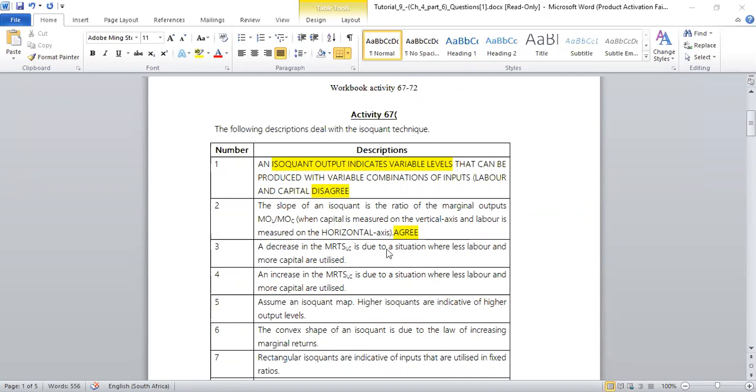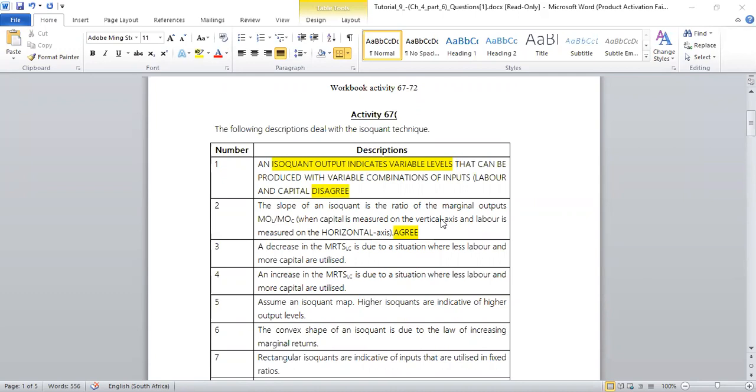So guys, here you have to understand something we call the law of diminishing return. What is the law of diminishing return? The law of diminishing return tells us that if we keep on employing a certain variable, the output tends to decrease.